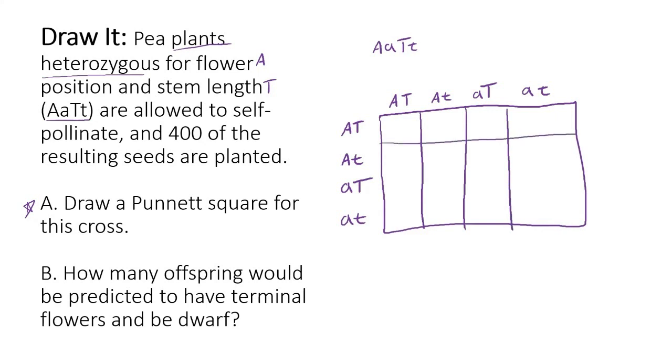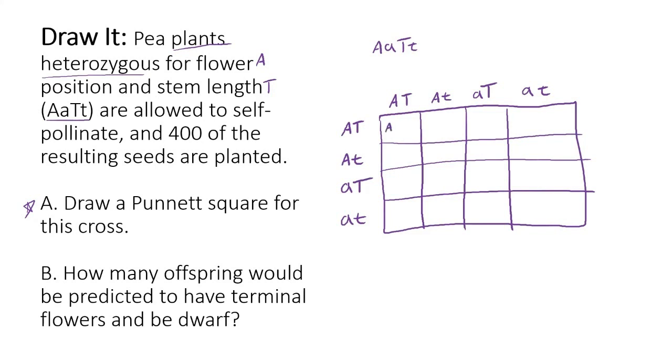A 4x4 Punnett square means that there are 16 possible combinations, but some of them will be equivalent to each other. So, running down the line, I'm just going to put in all of the alleles for one parent first, and then all the alleles for another parent, so that I know that I'm doing it in an organized way.